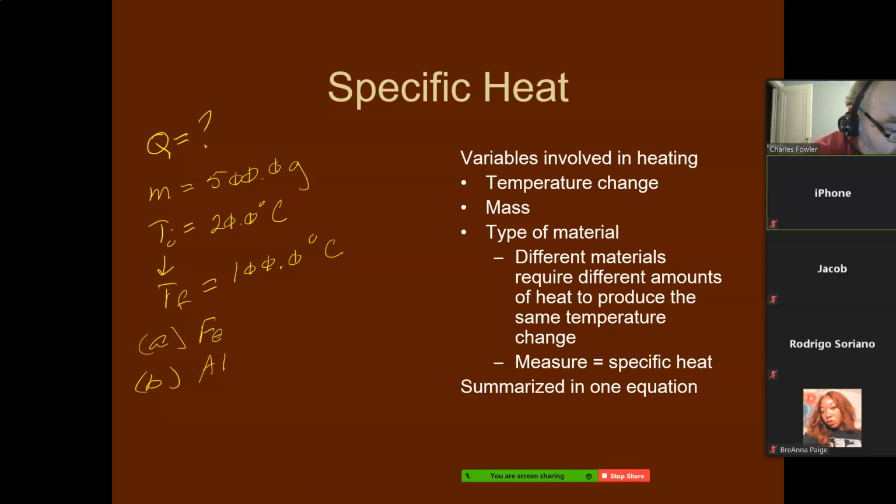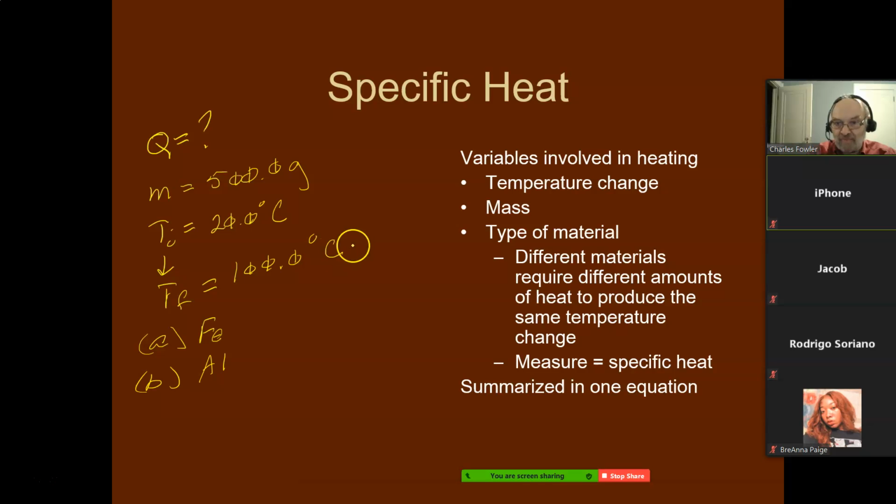Gold, really low, 0.03. That's what we had before. Ice, believe it or not, has one of the highest specific heats of anything listed in the table so far, 0.5. Iron, 0.11. There's iron right here, so let's go on and write that down while we've got it.